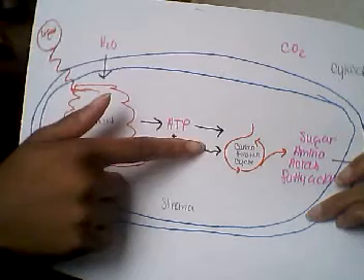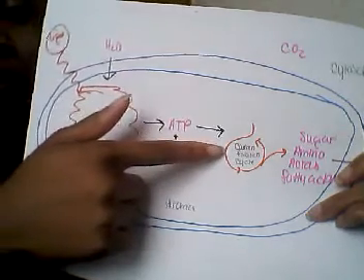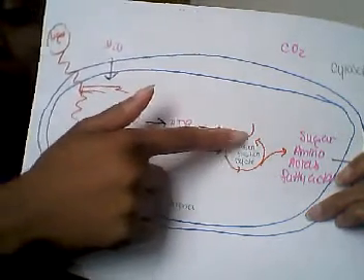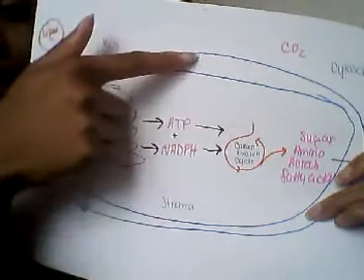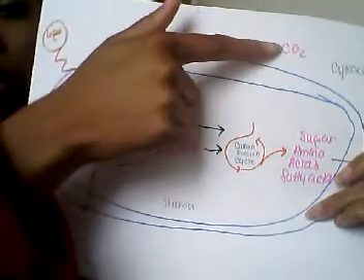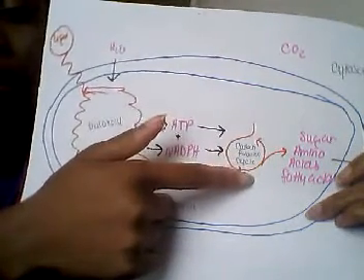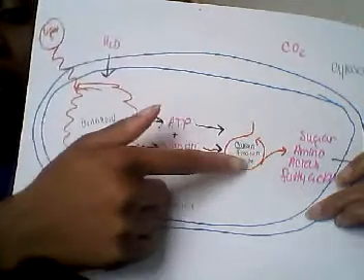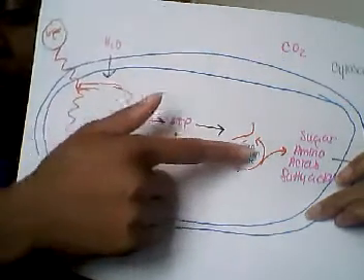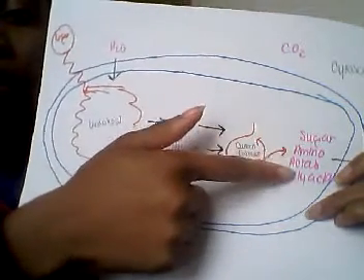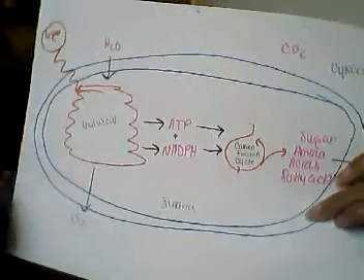And then once they are produced, it goes through the dark reactions or the Calvin cycle, and the Calvin cycle fixes carbon dioxide. ATP and NADPH is then used to produce sugars, amino acids, and fatty acids, stuff like that.